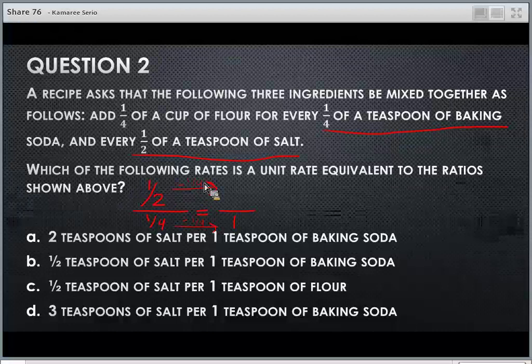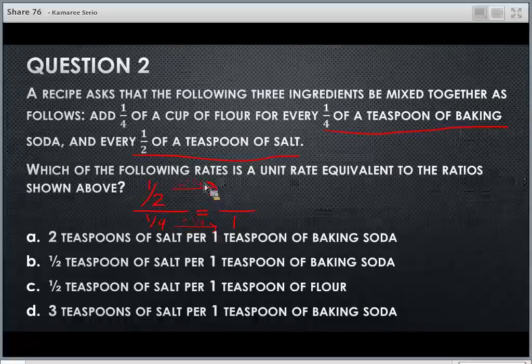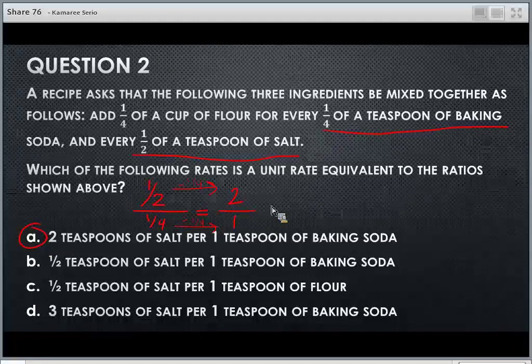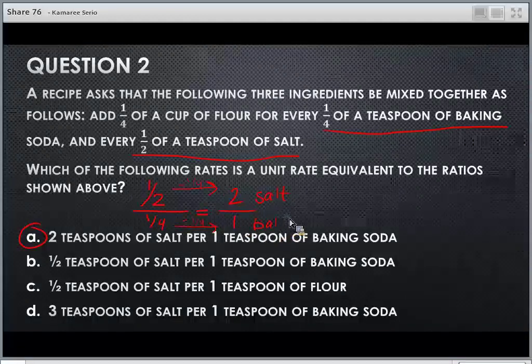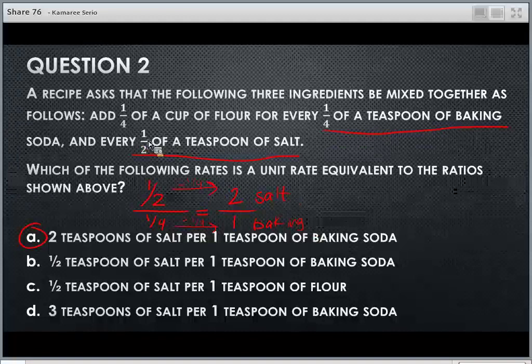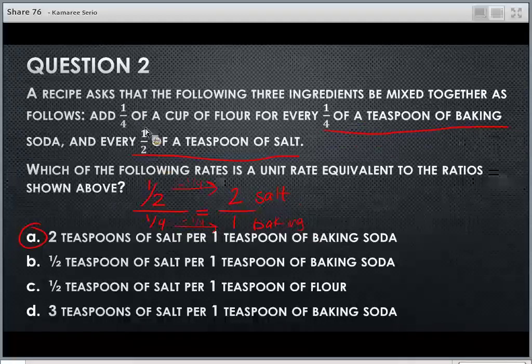I type this into my calculator, and I get 2. So that works. For every 2 teaspoons of salt, I get 1 teaspoon of baking soda. What you really want to do here is go through and check all of them. Notice that 1/4 and 1/2, that's a 2 to 1 ratio.